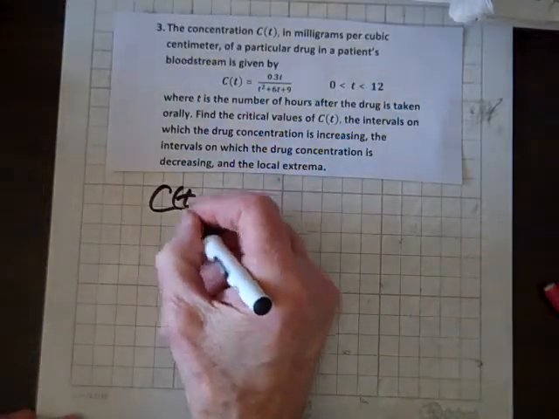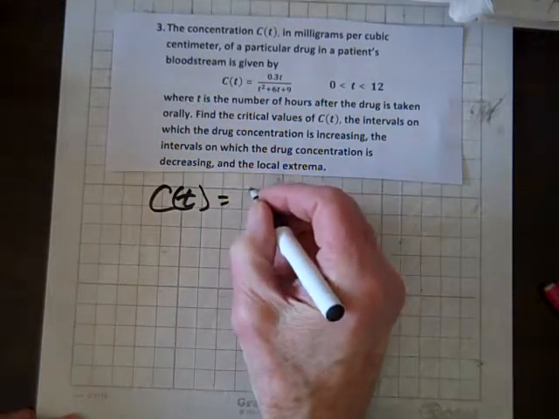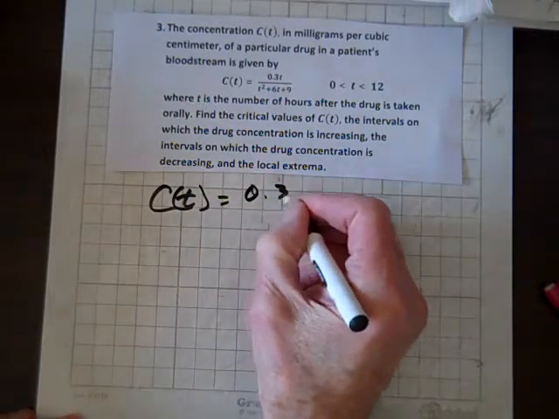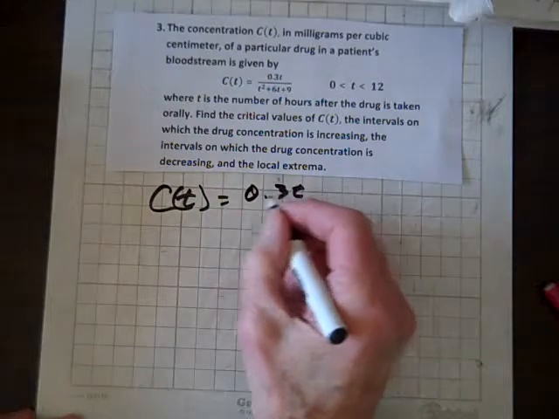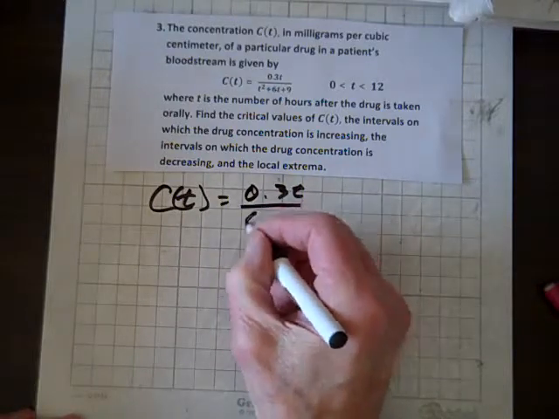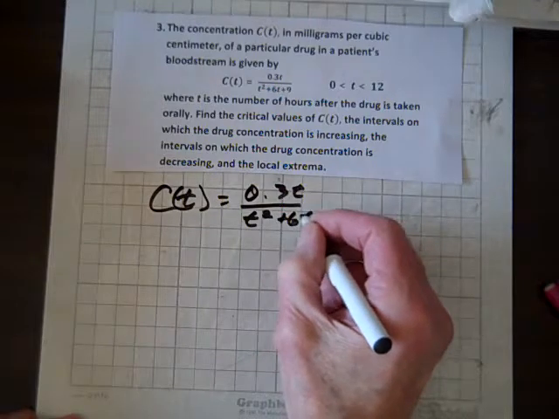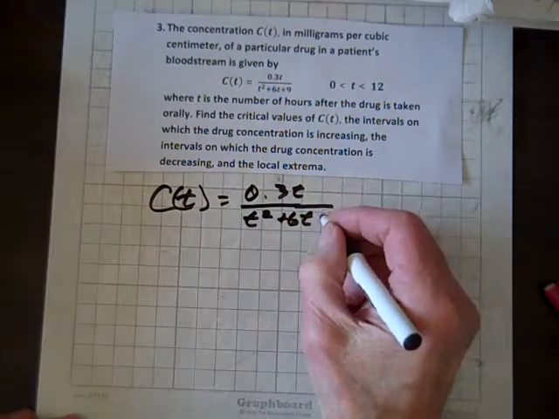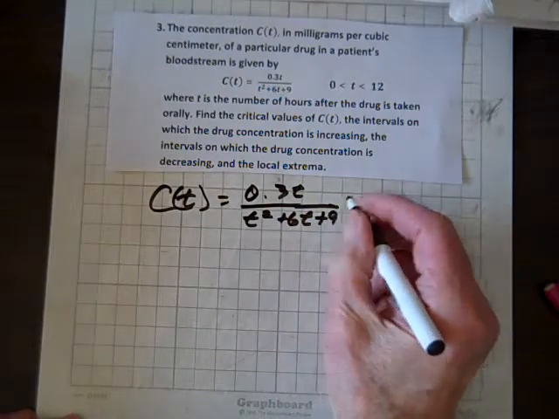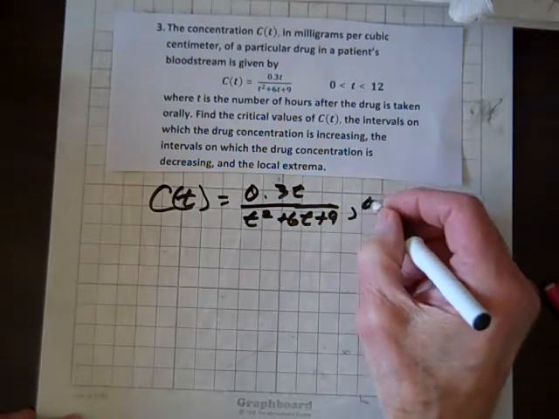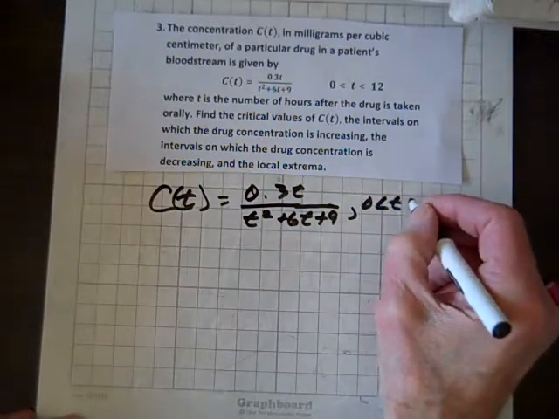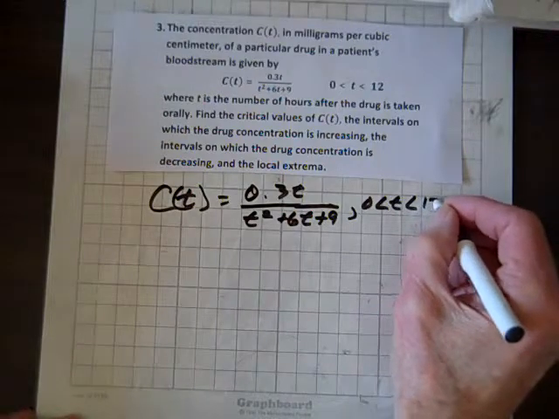C of t equals 0.3t over t squared plus 6t plus 9. And that's on the interval 0 is less than t, which is less than 12.